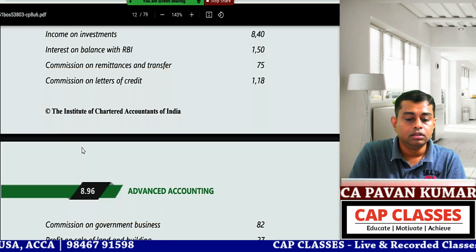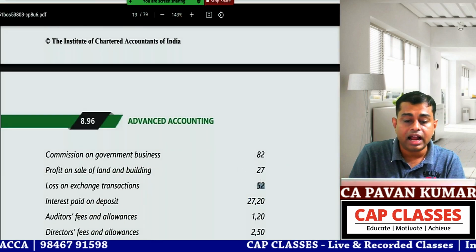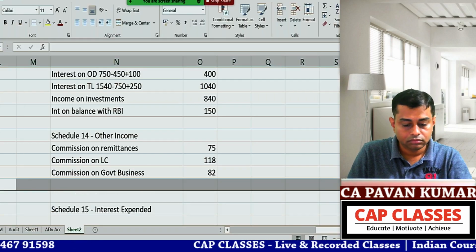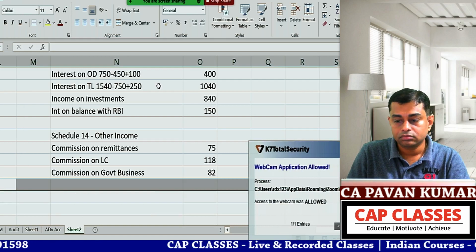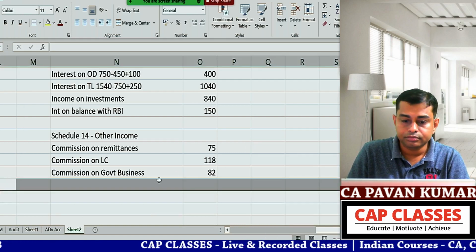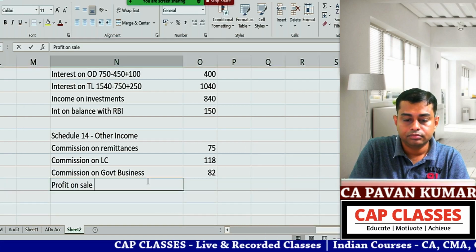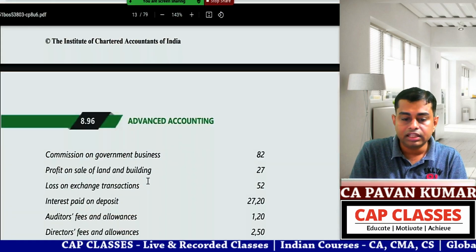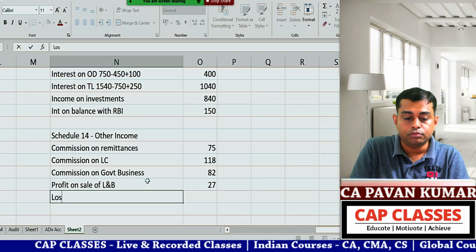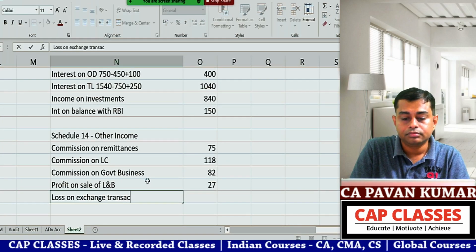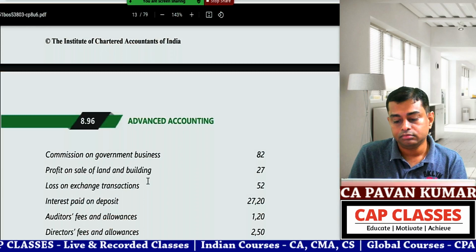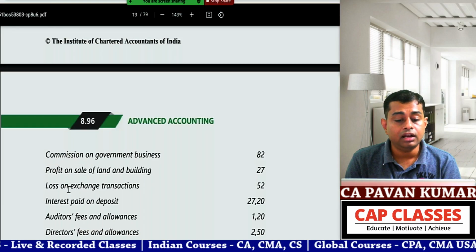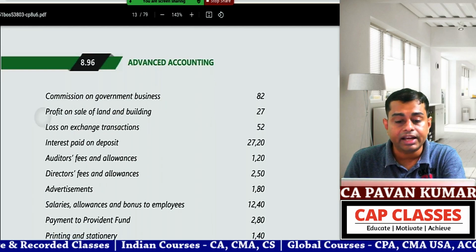Then profit on sale of land and building 27. Then loss on exchange transactions 52. Minus 52.